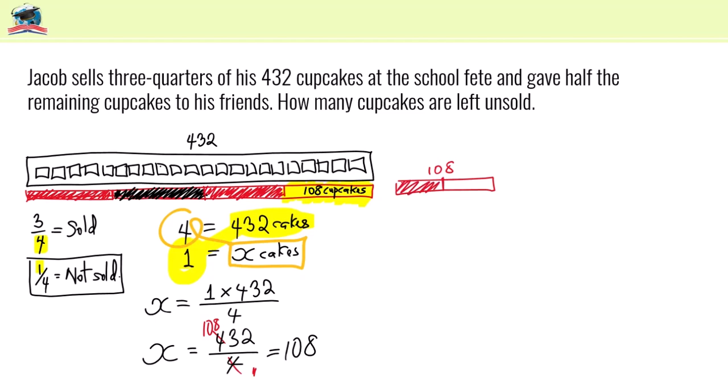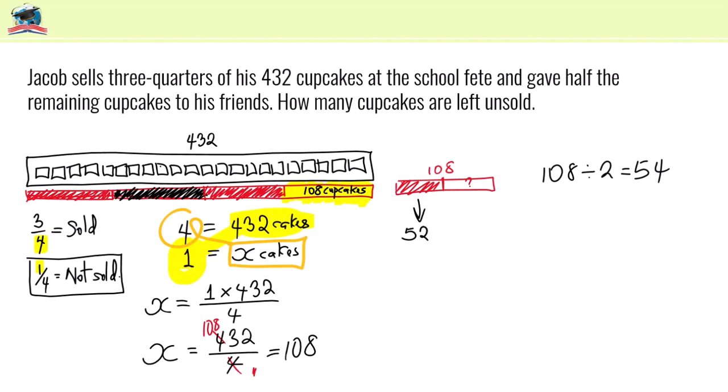And then we are now asked what is it that's left? Oh, so it's just 108 divided by 2. So 108 divided by 2, we're going to get what? 2 in 10 is 5 and 2 in 8 is 4. So here, this one was given to his friends, so that's going to be 54.